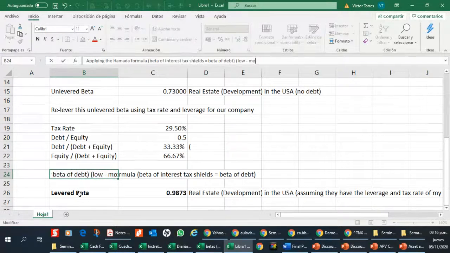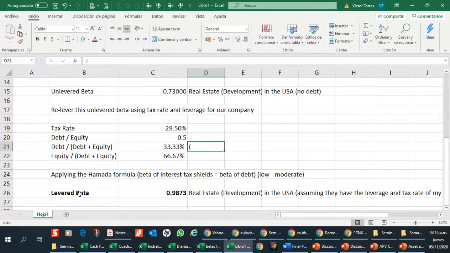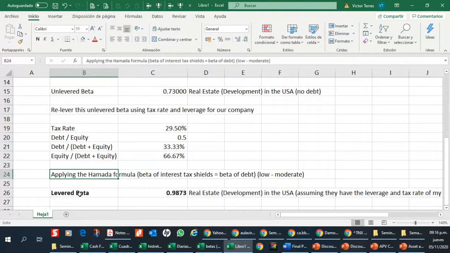Not to moderate. But what happens if the level of leverage is high? If the level of leverage is high, we cannot use the Hamada's formula, right? Because the Hamada's formula assumes that the leverage is low to moderate, right?